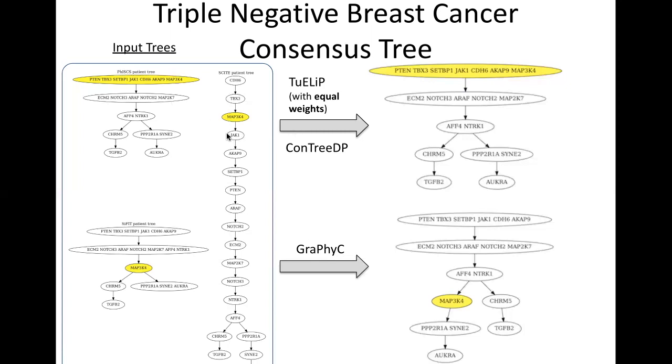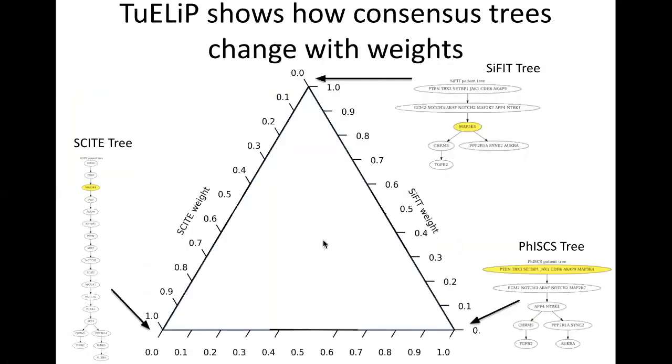Now you might wonder, what about weights? What will happen if we put different weights on each of these input trees? We did an experiment to shift the weights attached to these three inputs. The ternary plot shows how TULIP worked with different weights for these three input trees.